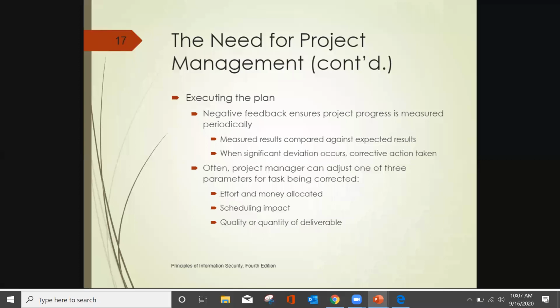The project manager can adjust a few parameters, like he can play with three parameters. One of them is the effort and the money that is allocated. So he needs to be within that budget. He can adjust the money, but he cannot cross certain limits. Then there is the scheduling impact.